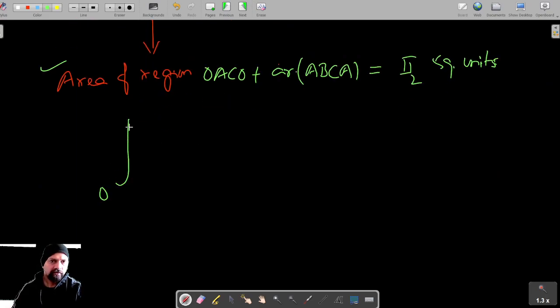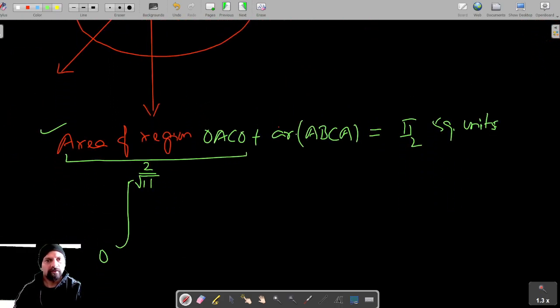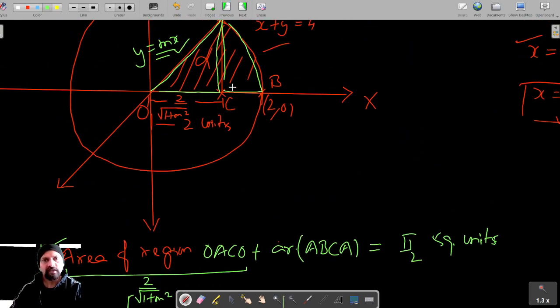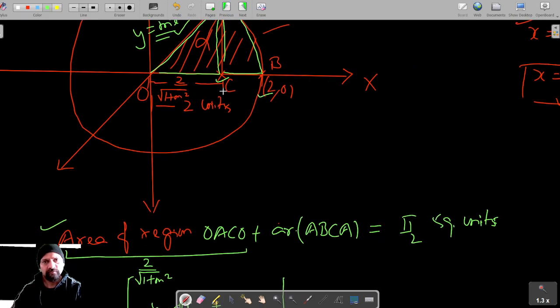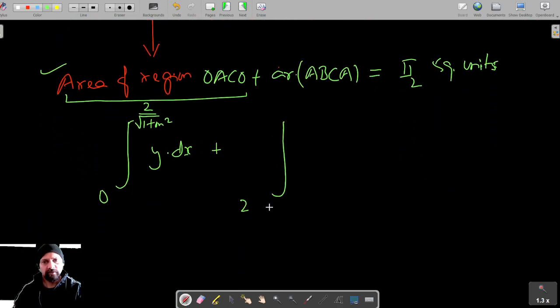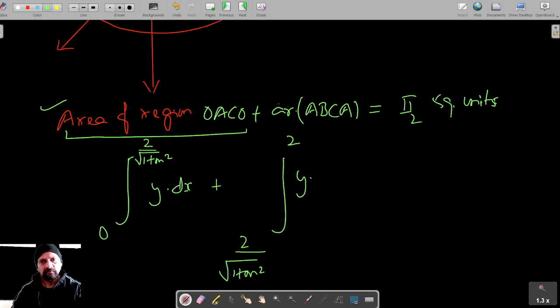So we can find the area of this region using the integration from 0 to 2 upon under root of 1 plus m square of y into dx, plus the next region, ABCA, which will have the limits 2 upon under root 1 plus m square to 2, of y into dx, is equal to pi by 2.